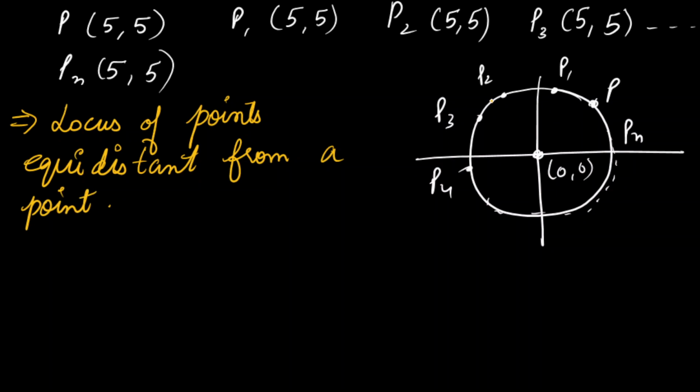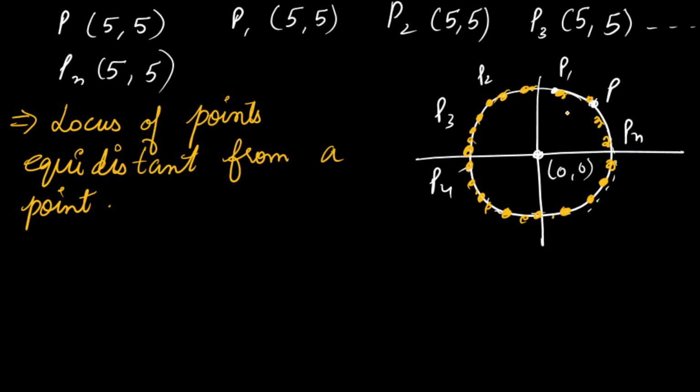Locus means if I have so many points and I join them, it will become a circle. Locus is nothing but location. So the location of so many points, on joining them I am getting a circle.